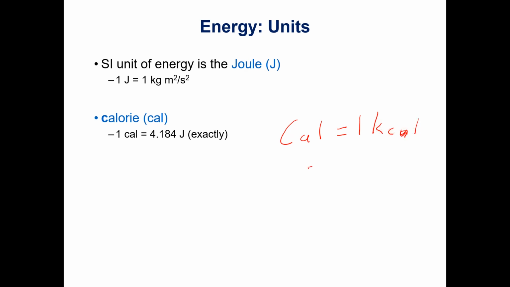So if you remember your metric prefixes, kilo means 1,000, so that's 1,000 little calories. So when you see calories on food packaging, that's actually referring to kilocalories, which is 1,000 calories.